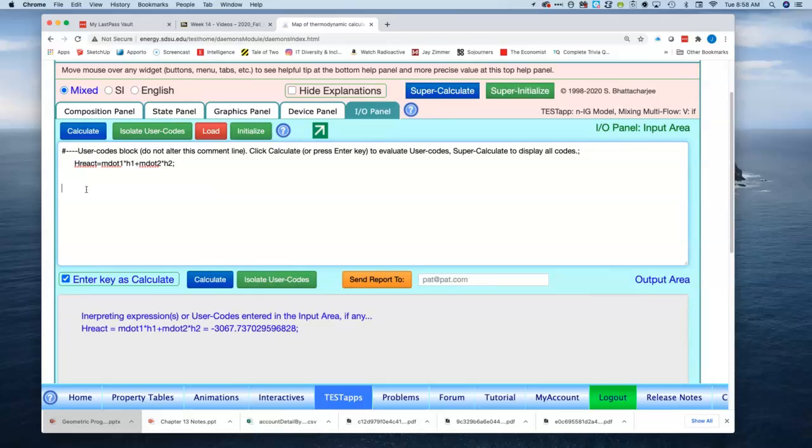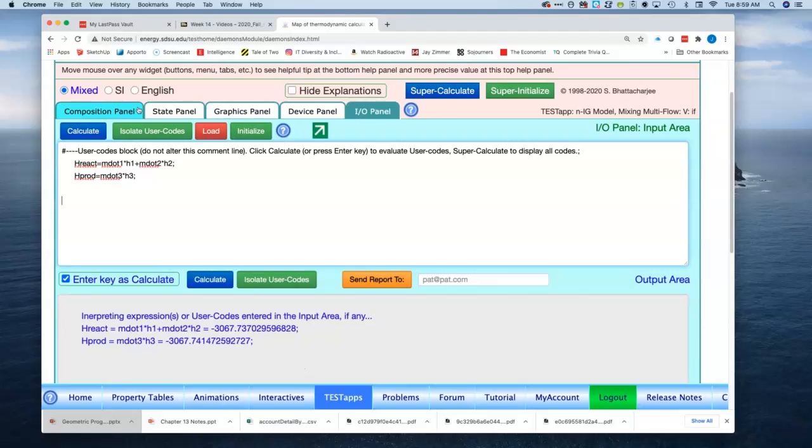I'm now going to go up here and calculate the same thing for the products. So my enthalpy for the products is equal to m dot 3, which we know is the combination of m dot 1 and m dot 2, times the enthalpy, which was determined associated with the temperature that it determined iteratively as being 1790. And so now I see that it calculated the H products, and those two are equal to each other.